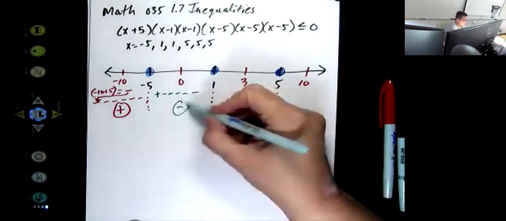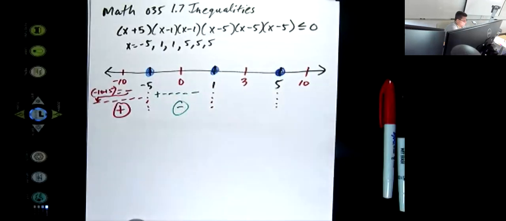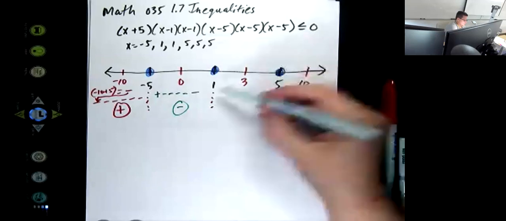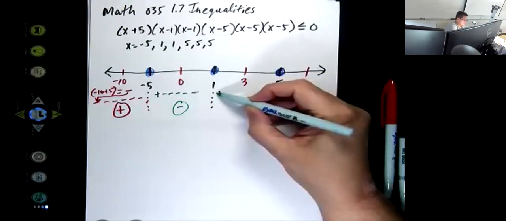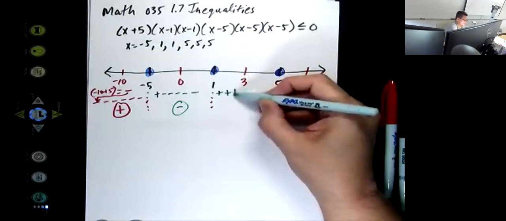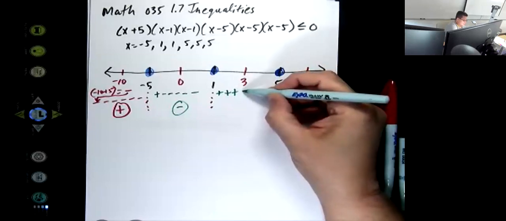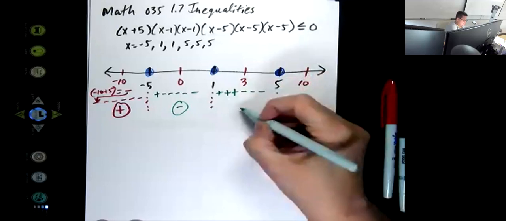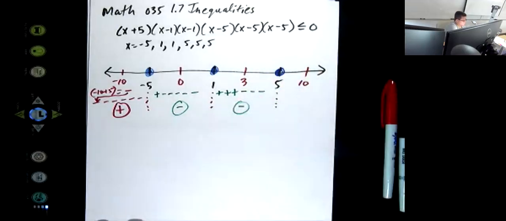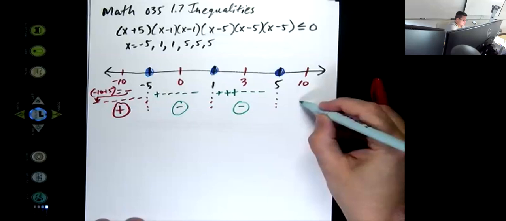This region is negative. If I stick in 3, x plus 5 is positive. x minus 1 is positive, there's 2 of those. And 3 minus 5 is -2, that's negative, and there's 3 of those. This region's negative. And when we stick in 10, they're all positive.